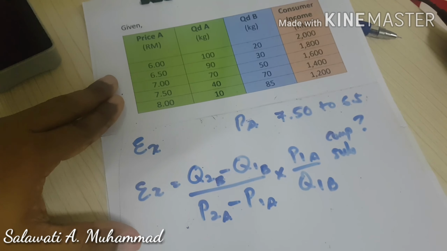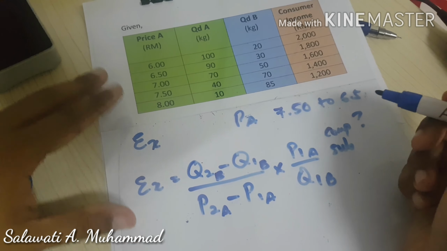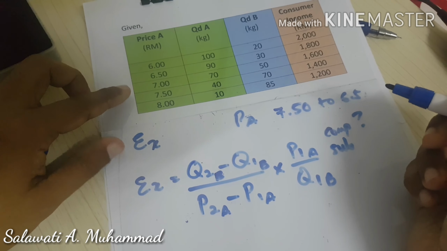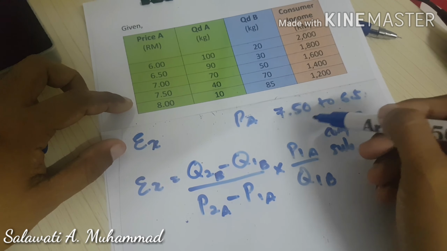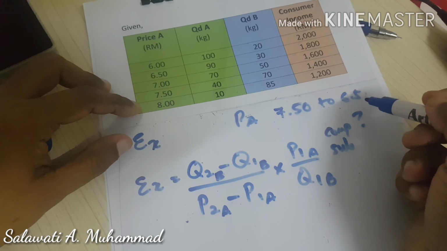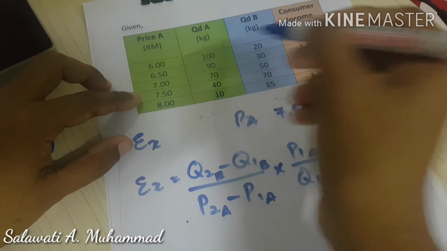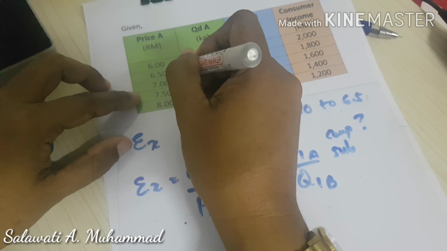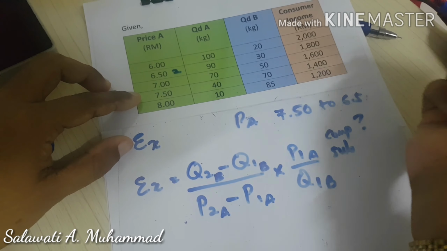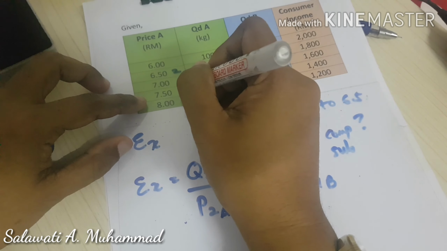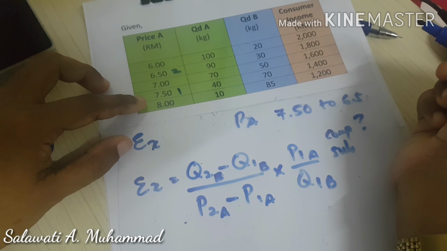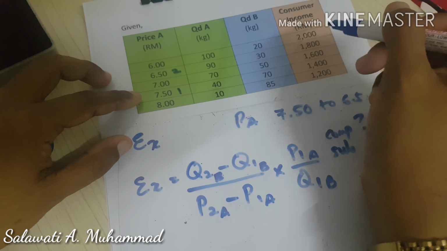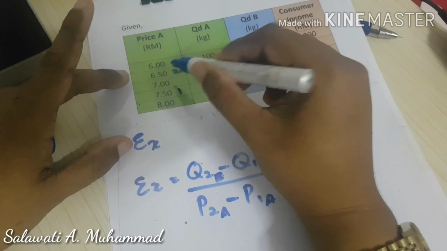Next we refer to the table. Price decreases from 7.5 to 6.5, meaning 6.5 is the new price, so we label it as 2. 7.5 is the old price, so we label it as 1. How about the quantity? We choose the same row.